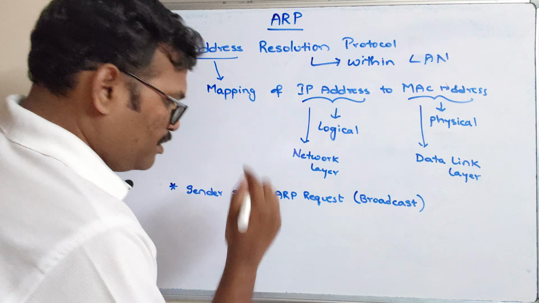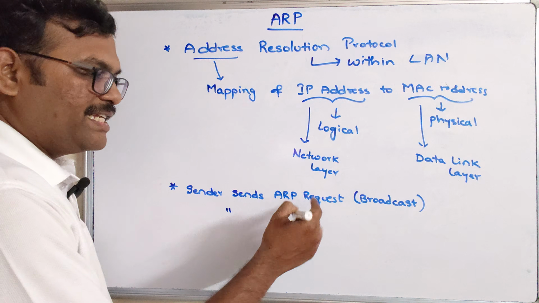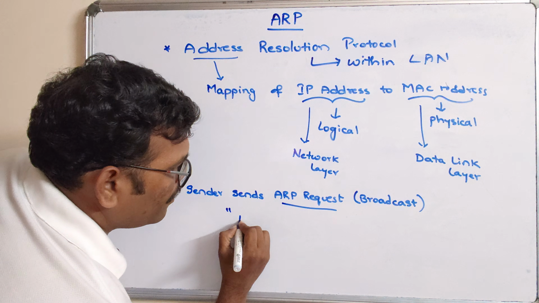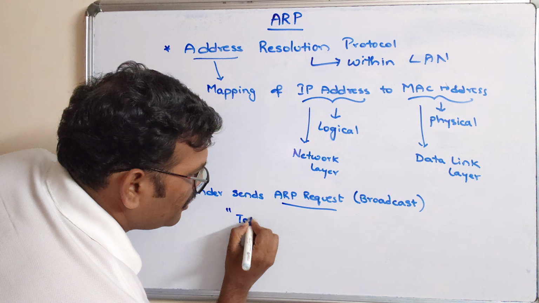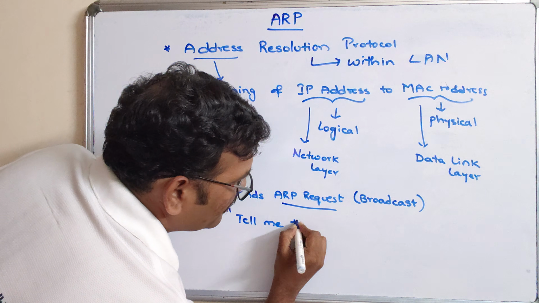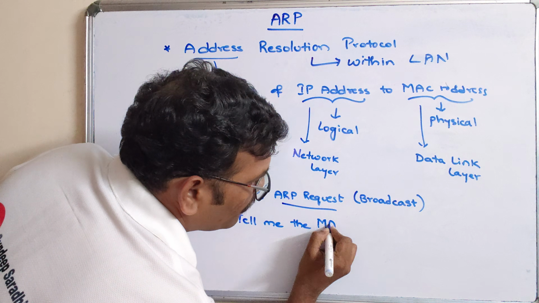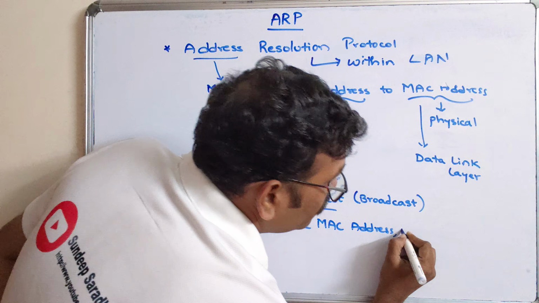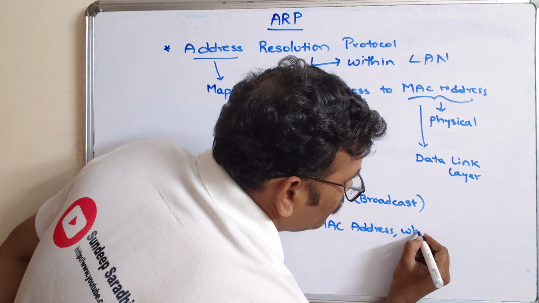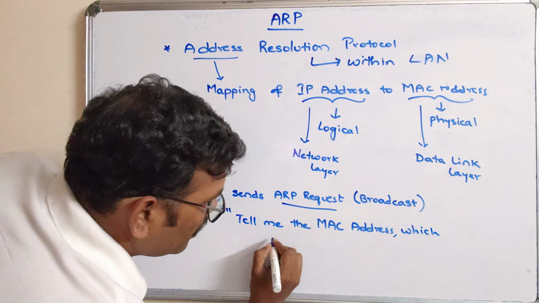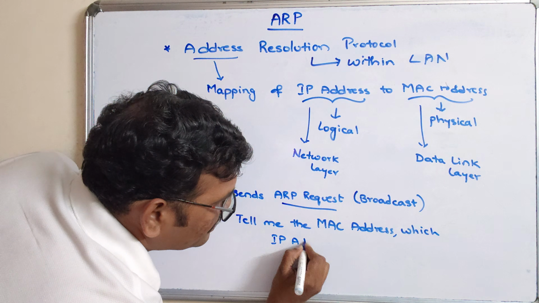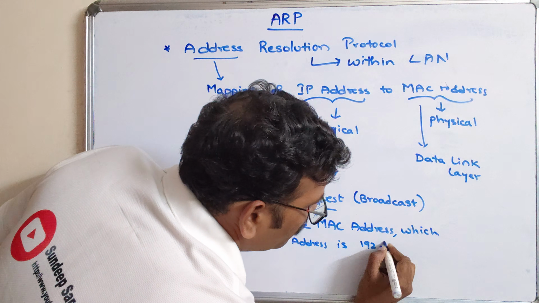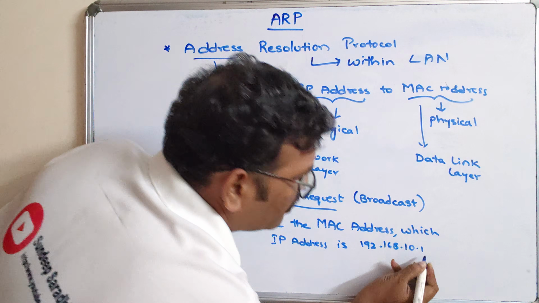So this request says, tell me the MAC address of the system whose IP address is some 192.168.10.1, for example.